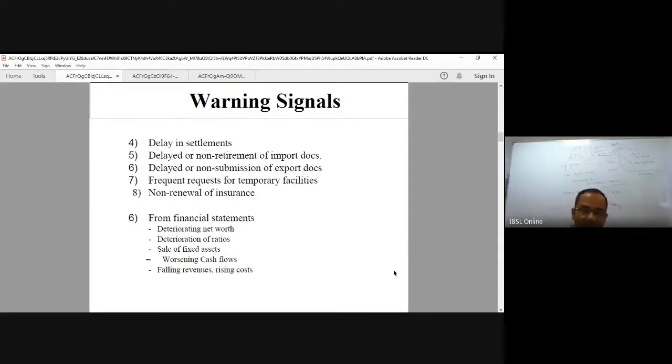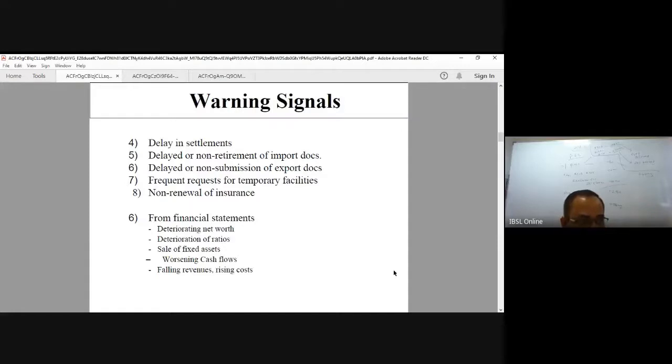Import documents have come. They take time to come, take the documents, and then retire the documents, right? What does it mean? That means they don't have fund arrangements. They find it difficult to arrange the funds, or they don't have limits, or they don't have funds in the account to retire. They delay. The more they delay, what will happen is that there will be demurrage, because the goods have arrived at the ports and are waiting to be cleared. The faster they clear, the better. Without paying demurrages, they can clear.